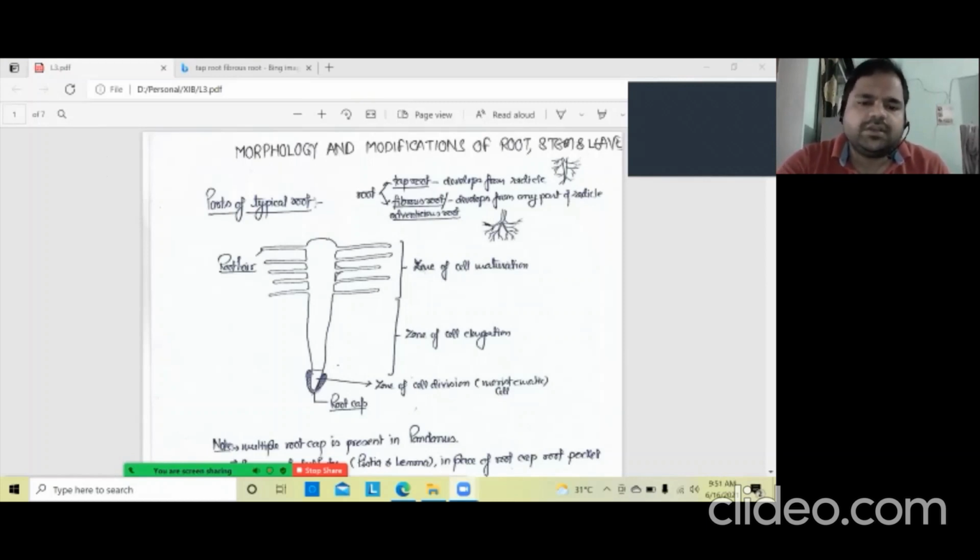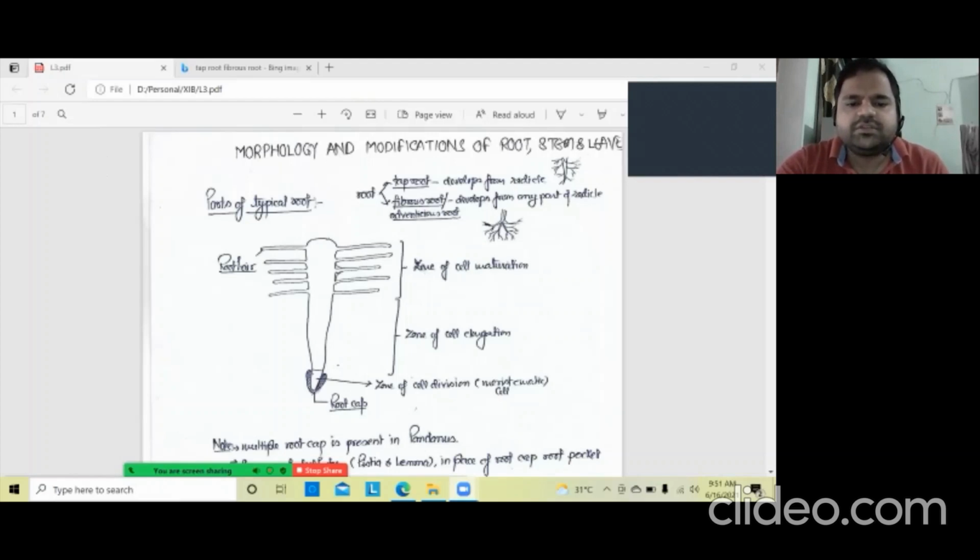And at the tip of the root, the root cap is there. The root cap helps in the protection of the root, and it also helps the root to penetrate the soil easily. And below the root cap, there is a region.